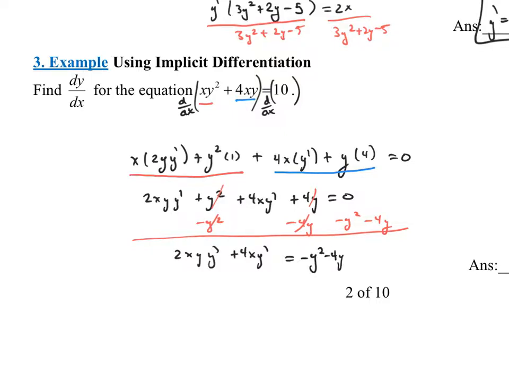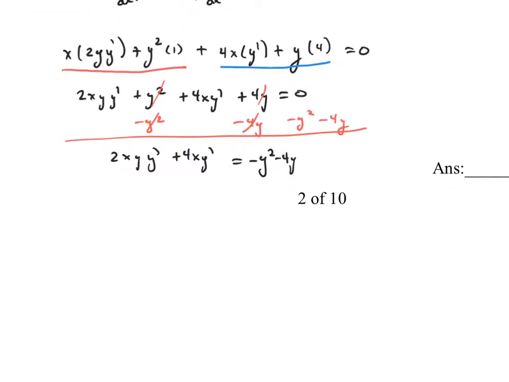Why did I do that? Because now everything on the left has a y prime, meaning I can factor out a y prime. So let's do that now. If I factor out a y prime, what would I have? Well, 2xy y prime divided by y prime, what's left is the 2xy. 4x y prime divided by y prime, what's left is the 4x.